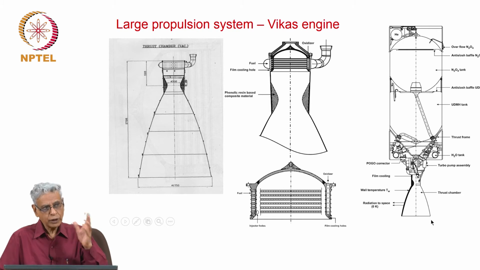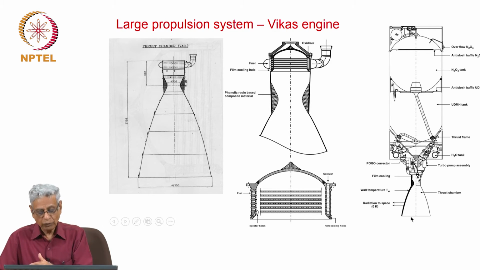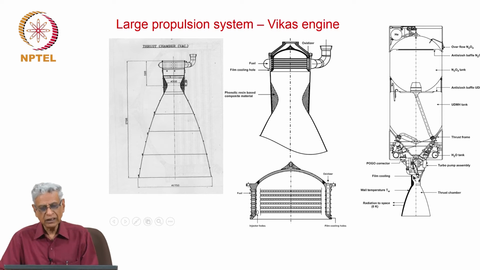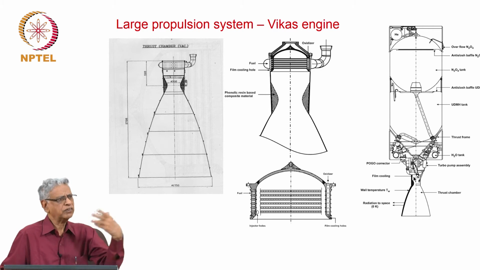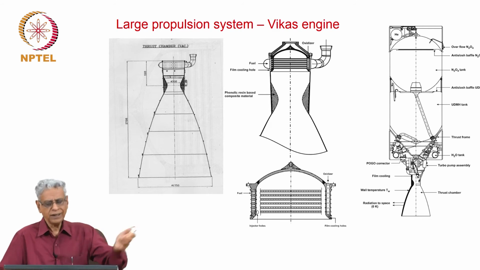So, when you evaluate the performance, you have to take the total momentum that comes out of this, m dot into Ve, but different streams have different velocities, temperatures. So, you must take that into account. When you account for that, you will discover that the film coolant is not contributing a whole lot to the performance. So, you must limit the film coolant required. This is a subject of discussion and intensely done during the design.